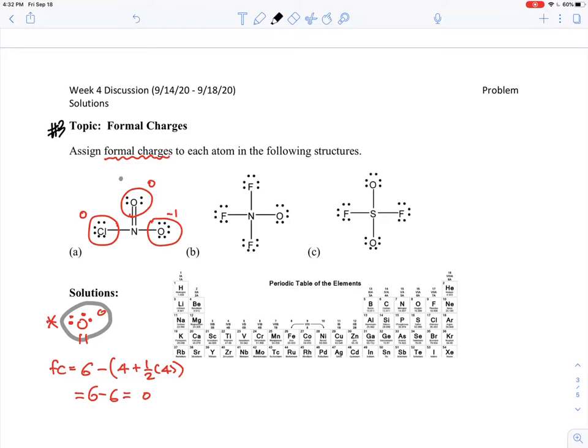The second useful unit for you to remember is this. This is quite frequent here. So oxygen, once again, has 6 valence shell electrons right there. The oxygen with 1 bond and 3 lone pairs has a formal charge of 6 minus 6 plus 2, so that's 6 minus 7, which is -1.